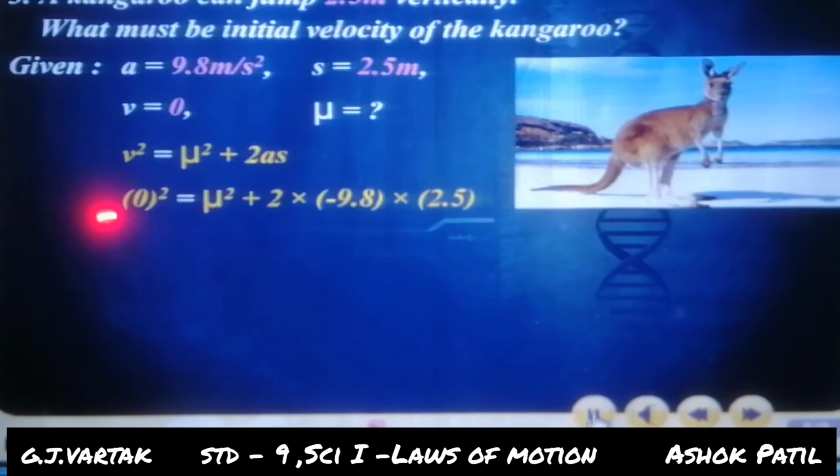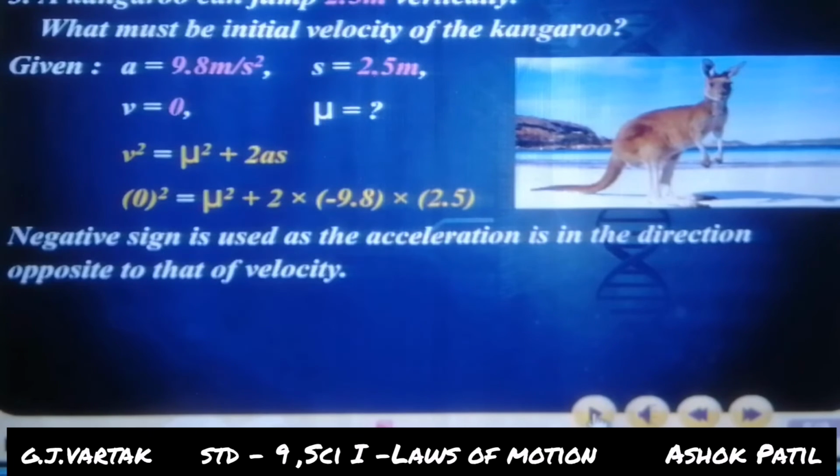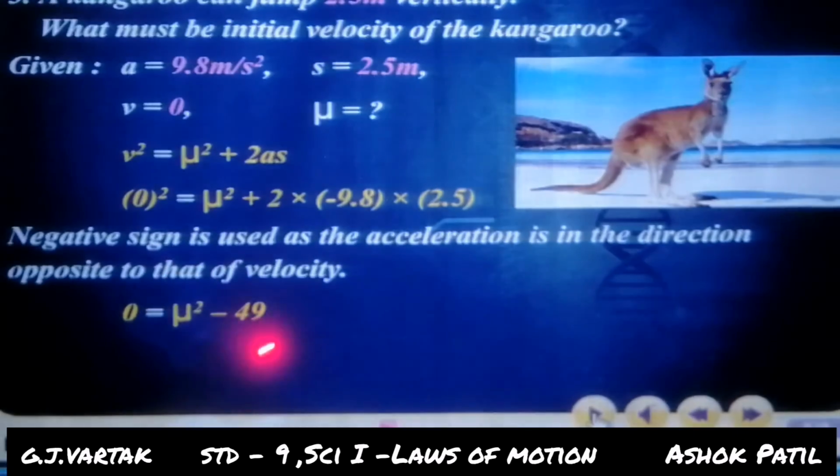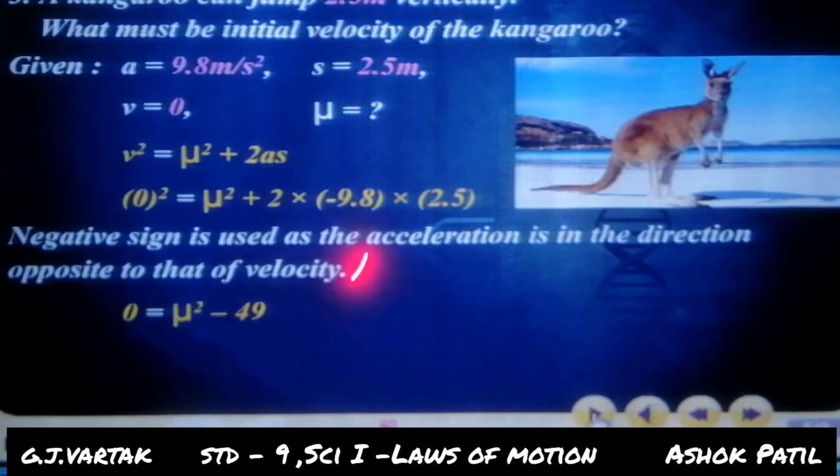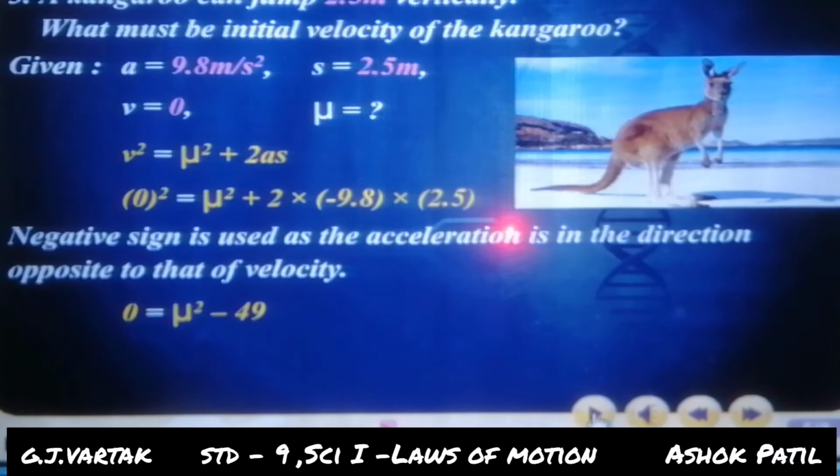0 square is 0. u is not given here; u is to be found out. The negative sign is used as the acceleration is in the direction opposite to that of velocity. 0 is equal to u square minus 49. 9.8 into 2.5 into 2, the multiplication of these numbers is 49.